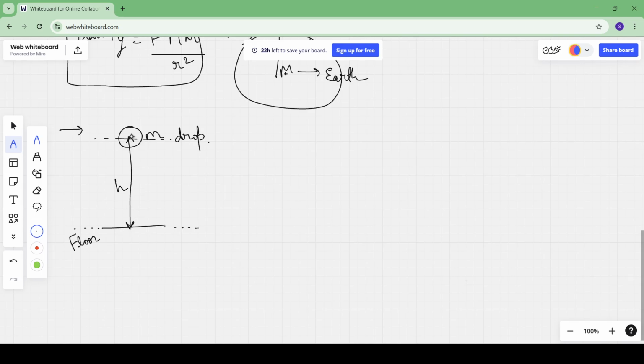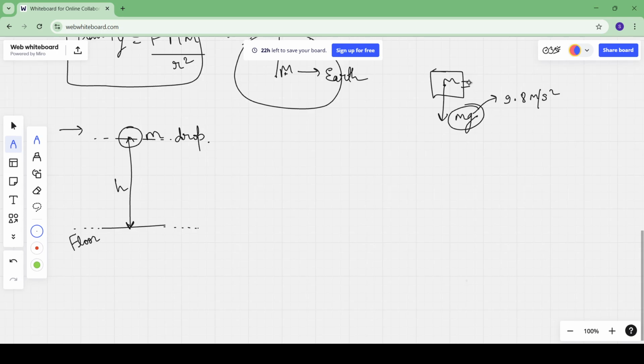Obviously there is one force which you must know. Let me introduce that force also. That is called the weight of the object, and it always acts towards the center of the earth. It is termed mg, where m is the mass of this block and g is the acceleration due to gravity, which in general is 9.8 meter per second square.